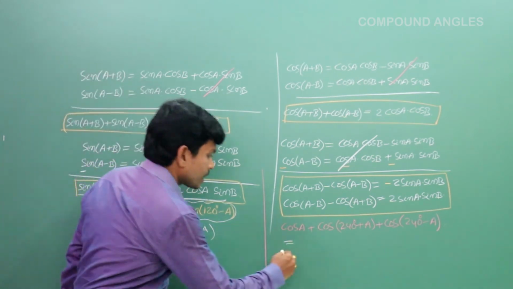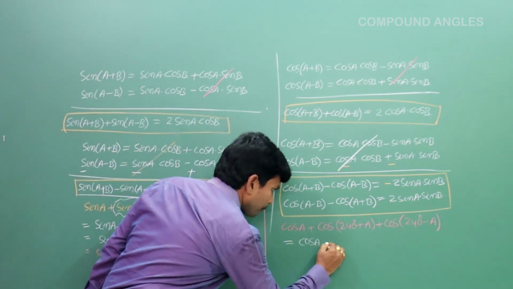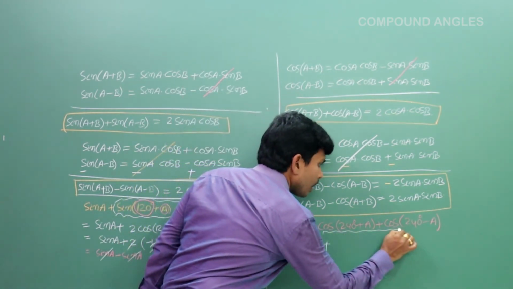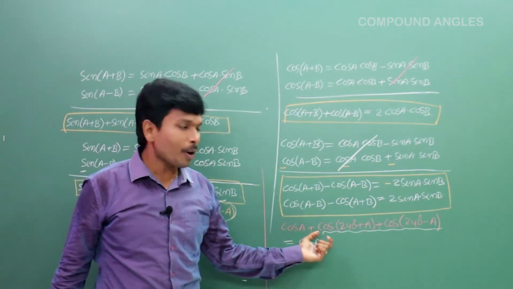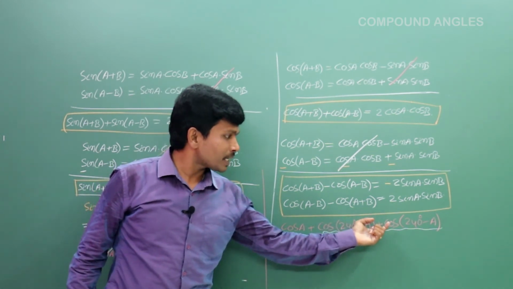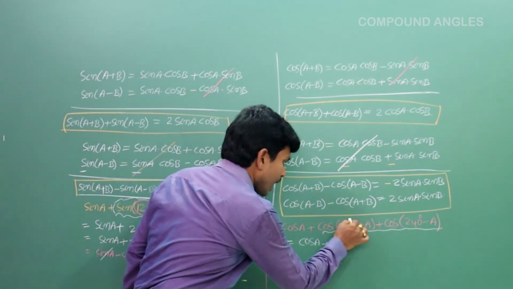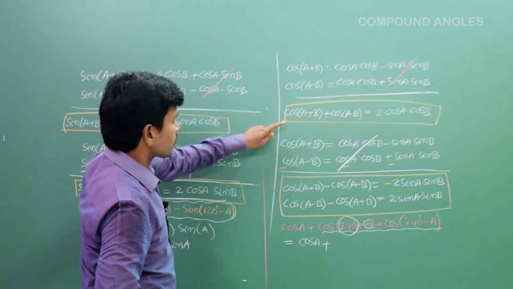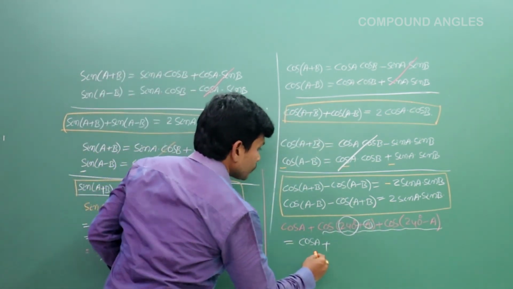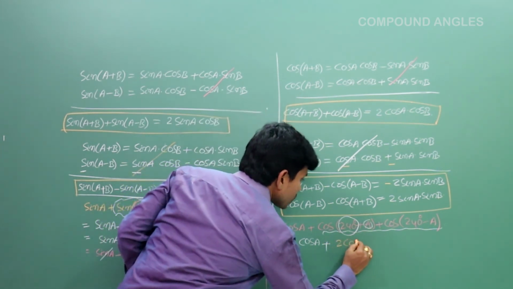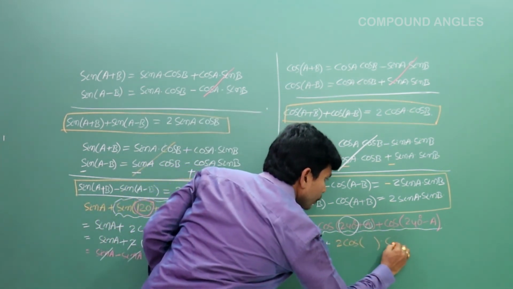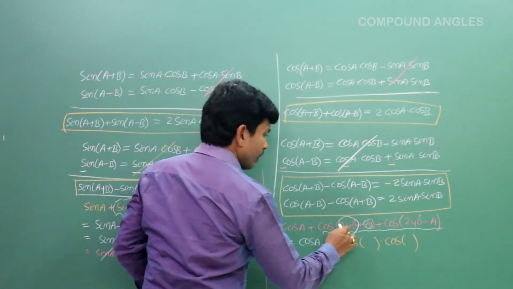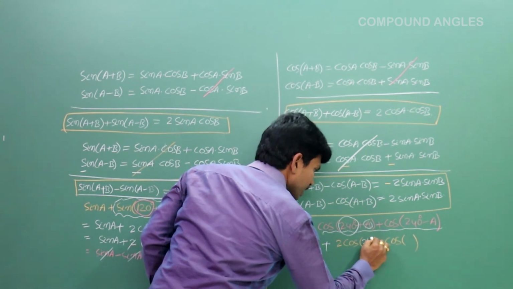Say this is cos A, okay, plus... what is the formula of it? It is in the form of cos A plus B plus cos A minus B. This is the A value and this is the B value. So your formula is cos A plus B plus cos A minus B formula, 2 cos A into cos B. What is the A value? A value is 240 degrees.